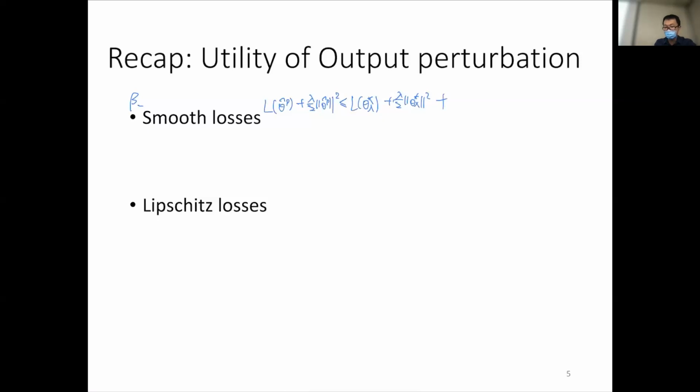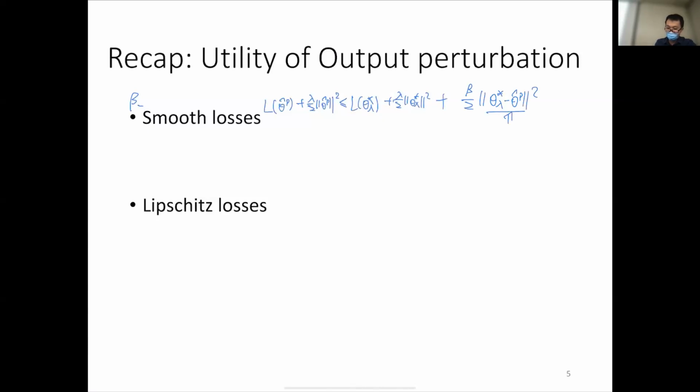And on the right-hand side, the cross term is 0 because the theta star lambda is the optimal solution for this objective function. So all I'm left with is half beta times the norm of theta star lambda minus theta hat p squared, right?